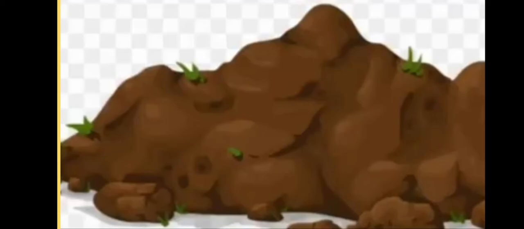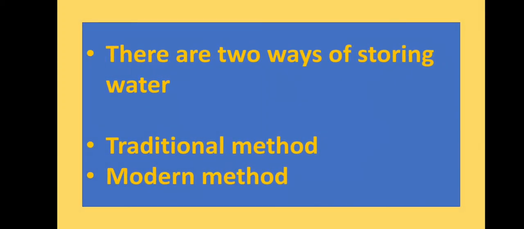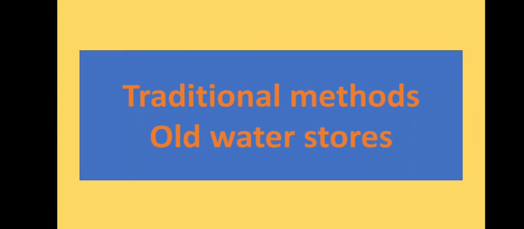So we need to store water. There are two ways of storing water. One is the traditional method and another is the modern method. Traditional method means old water storage. In the olden days, several methods of storing water were used in our state.